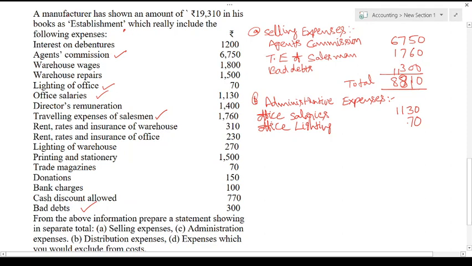After office lighting, again directors remuneration, how much? 1400 rupees.